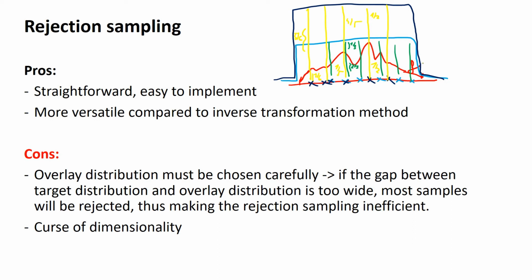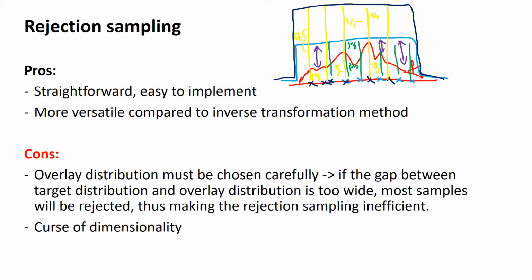We must find an overlying density, but at the same time, if the overlying density is really close to the red F target probability density, meaning the gap between red and blue, between the overlying and the target density, is small, not too wide, then we will have really nice accept ratios.